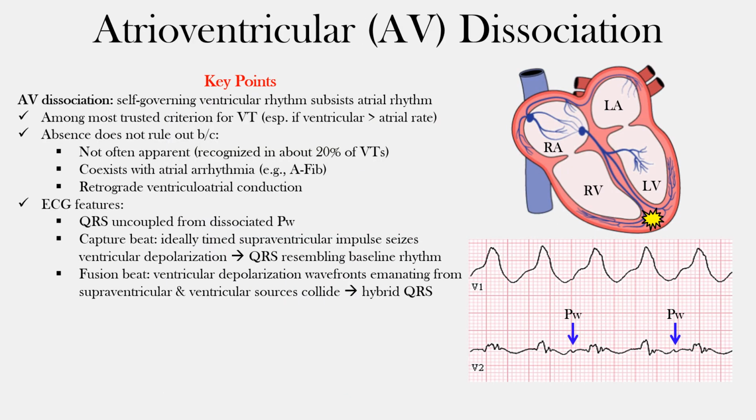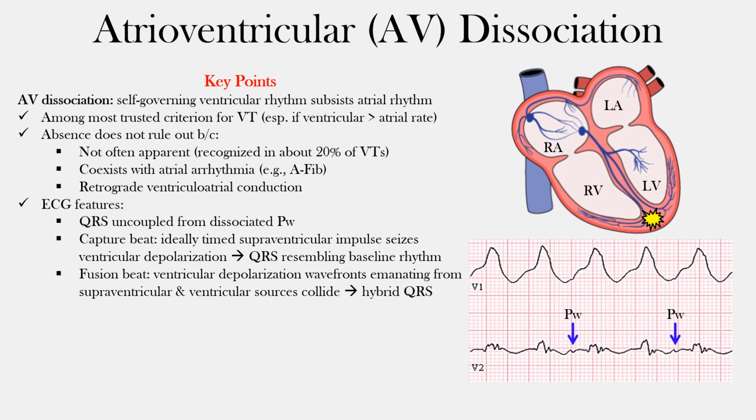Wellens and colleagues highlighted the importance of atrioventricular or AV dissociation in 1978, which later matured into one of the most trusted EKG criteria to secure a ventricular tachycardia diagnosis. Now, as a general rule, ventricular tachycardia may be confirmed once AV dissociation is present, especially when the ventricular rate exceeds the atrial rate.